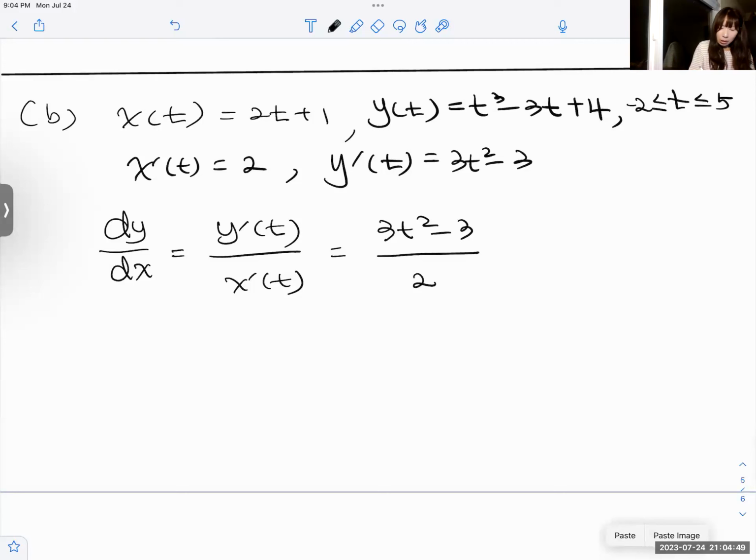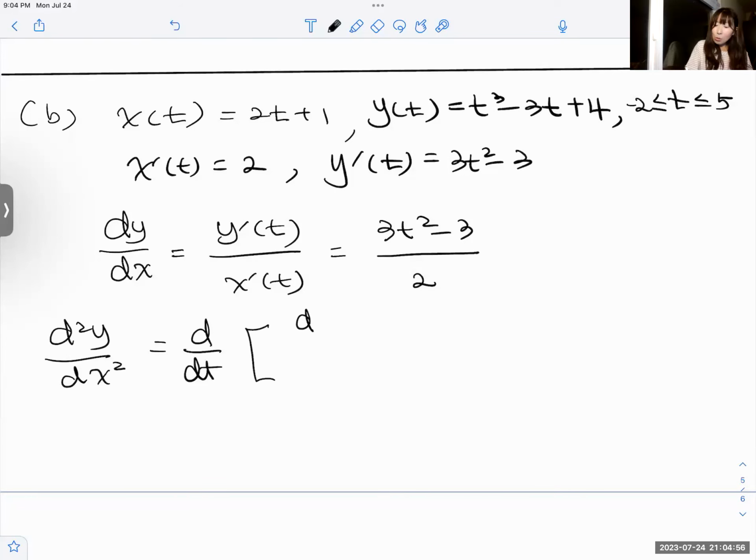Okay, now we want to find the second derivative. So that is d over dt of dy over dx, over dx over dt, right?